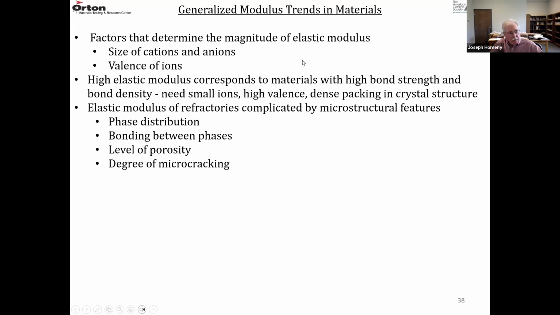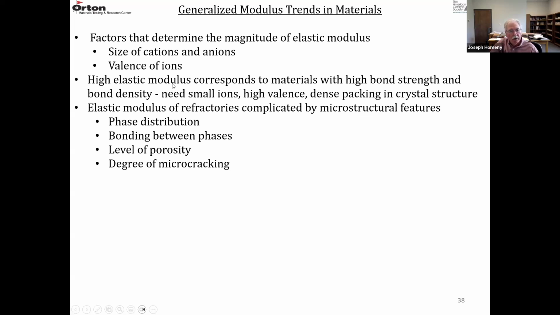So what factors determine the magnitude of the elastic modulus? The size of the cations and anions are important. Refractories are metal oxides, or metal carbides or nitrides. And the valence, the charge on the ions.